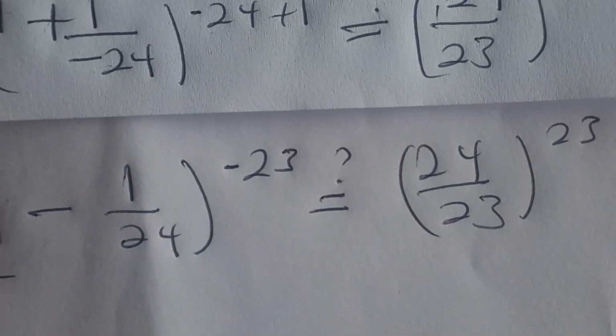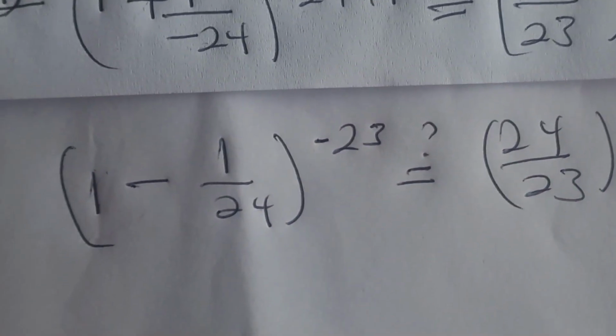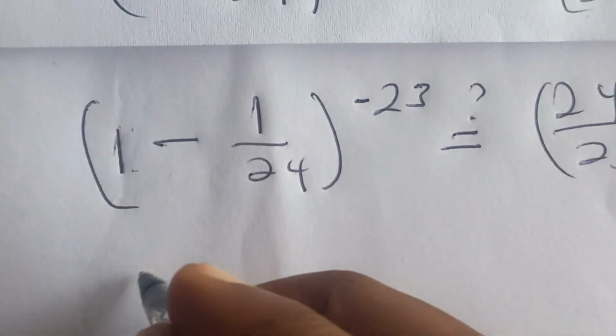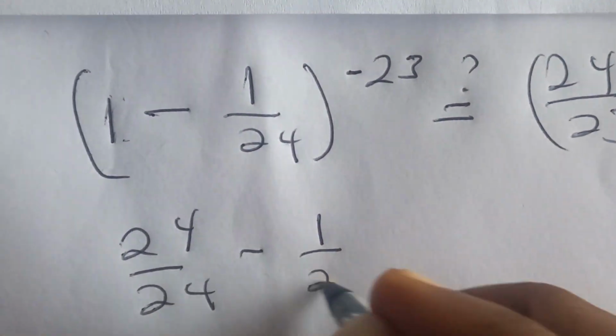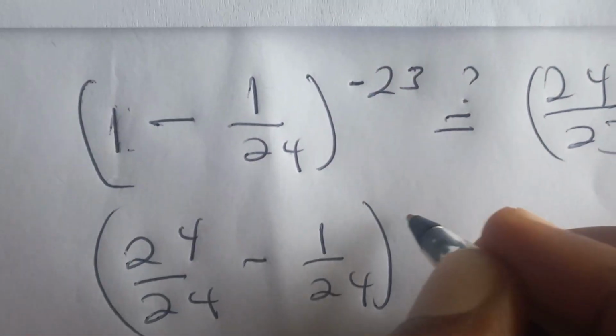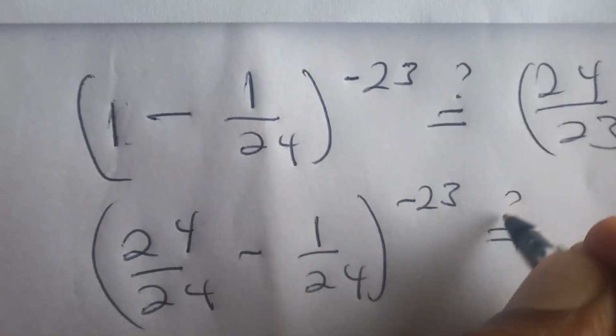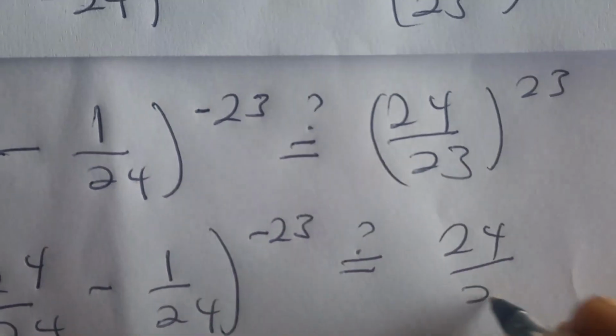Now, with this, you can rewrite this as (24/24 - 1/24) exponent negative 23. Is it equal to 24 on 23?